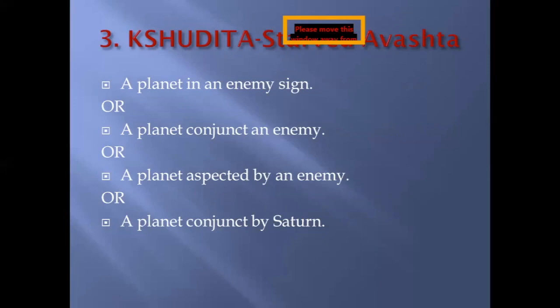Okay, we've got a few options for this. So a planet in an enemy sign, a planet conjunct an enemy, a planet aspected by an enemy, or a planet conjunct Saturn. So any planet that is next to Saturn will be starved.